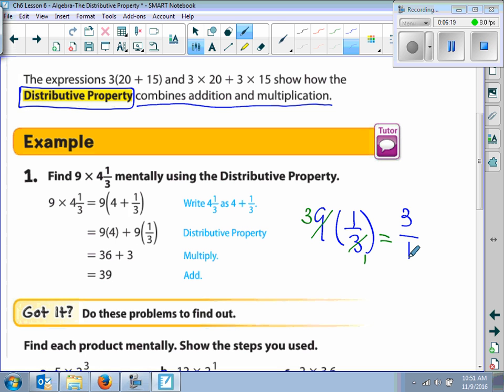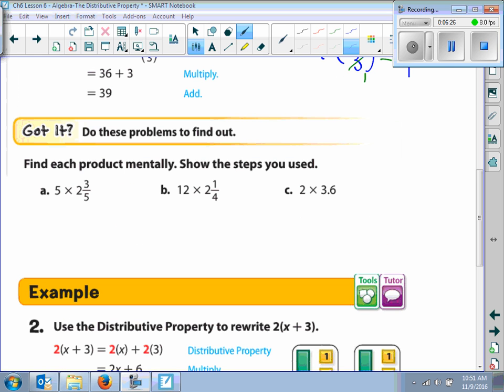So 36 plus 3 is equal to 39. All right, so 5 times 2 and 3/5. So 5 times, now the 2 and 3/5, we're going to separate that into the whole number and the fraction part, right?